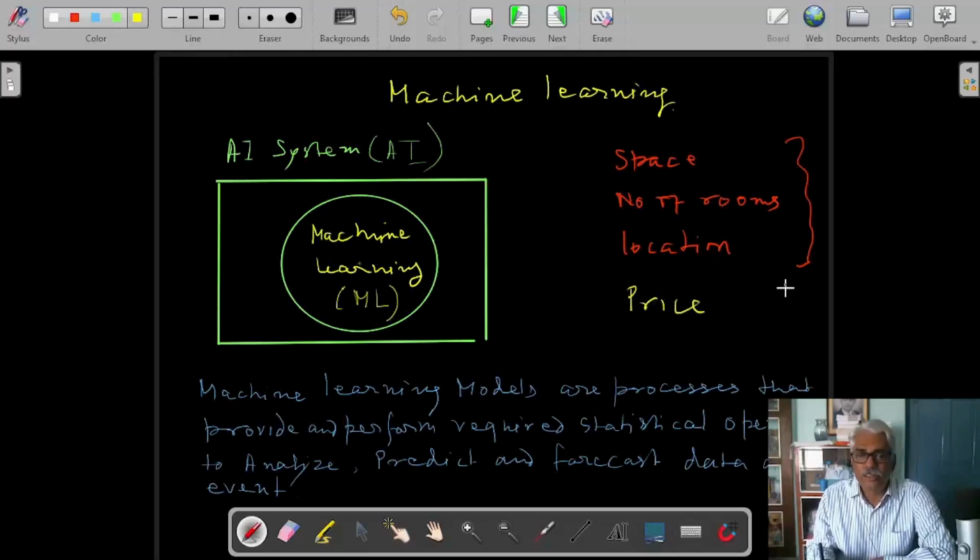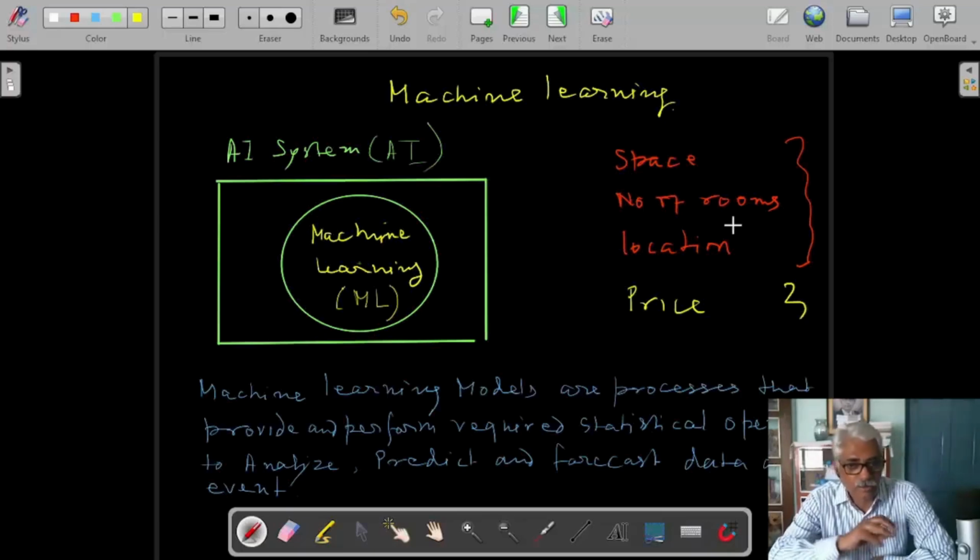So to get this, any machine learning engineer, the process will work like this: you have to first find examples of these features and their prices. That means space, number of rooms, location, and their typical prices.